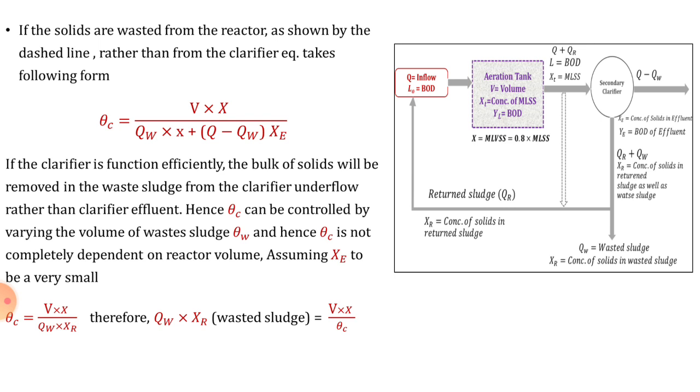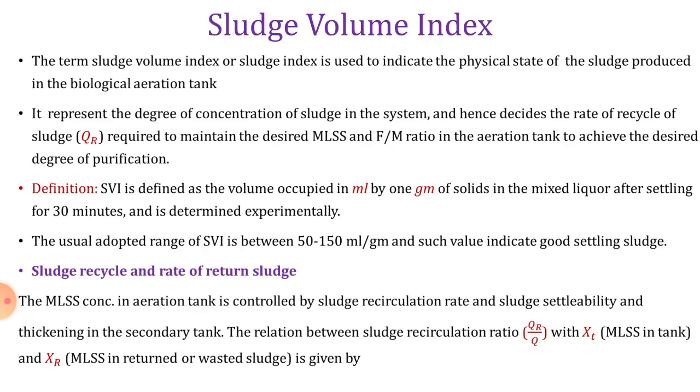Assuming XE to be very small, theta C is equal to V into XT divided by QW into XR. Therefore, QW into XR, which denotes the wasted sludge, will be calculated by the formula V into XT divided by theta C.